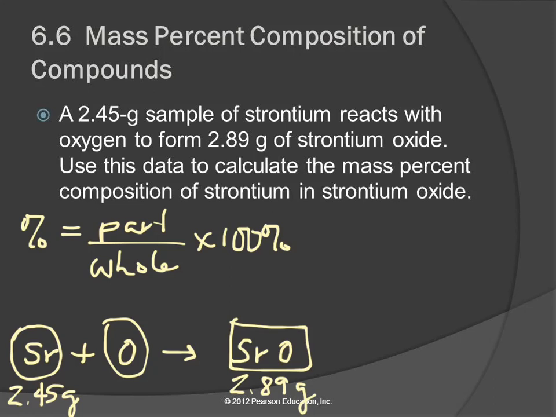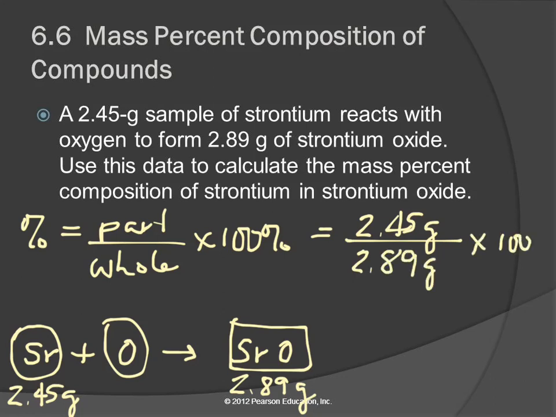So to find the percent strontium, we're going to put the mass of the strontium, the part that we're interested in, divided by the mass of the whole thing. And then we're going to multiply by 100%. 2.45 divided by 2.89 times 100.